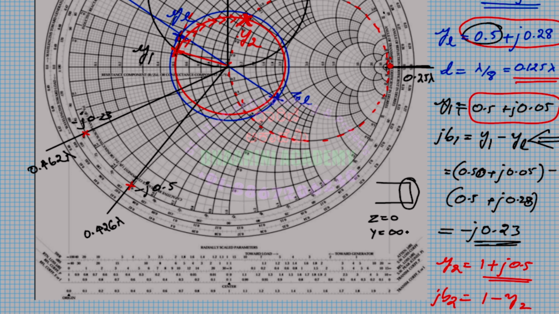So I am supposed to measure the distance of this value, j minus j 0.5, from the point that is equal to infinity. That's why I'm measuring this distance. Because I'm using a short circuited stub, the y equal to infinity point should be considered for the measurement.